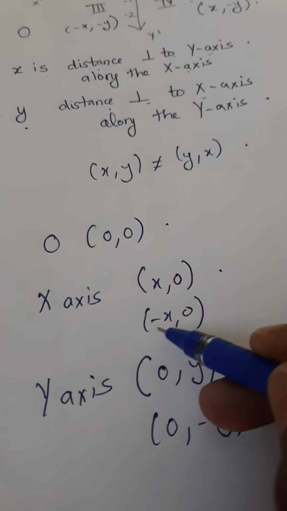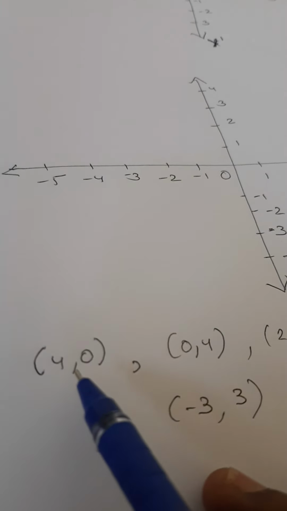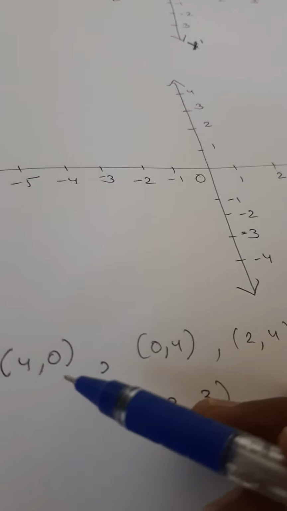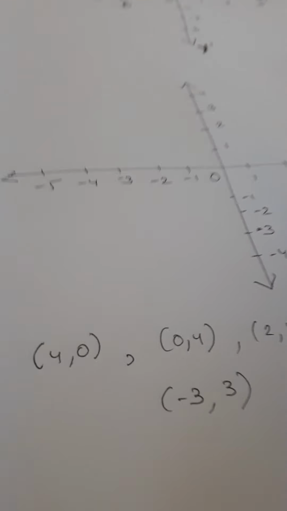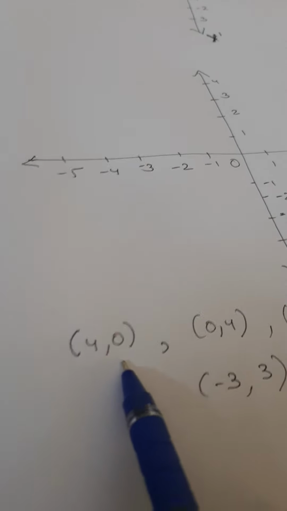Now the coordinates are given and we have to plot the corresponding points on the coordinate plane. For example, (4, 0). So I just told you here that if the y coordinate is 0, that means the point purely lies on the x-axis. Correct?